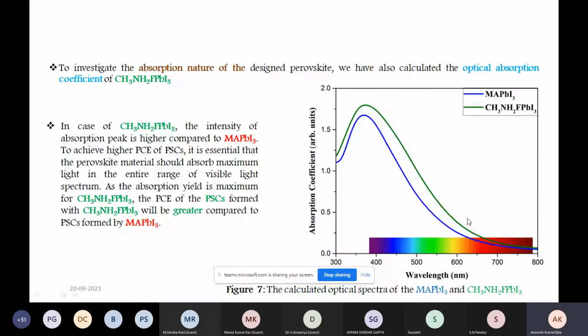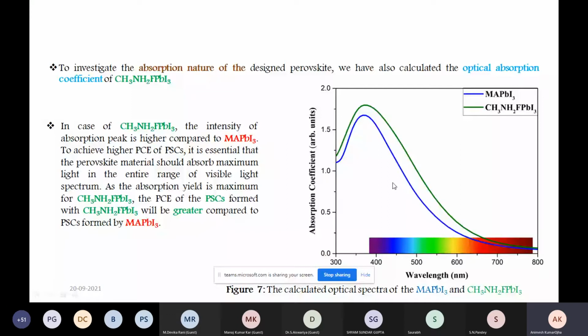As we see, the absorption area has been increased. It means that this newly designed compound will absorb more energy compared to the CH3NH3PbI3, and therefore its efficiency will obviously be higher compared to the MAPbI3.